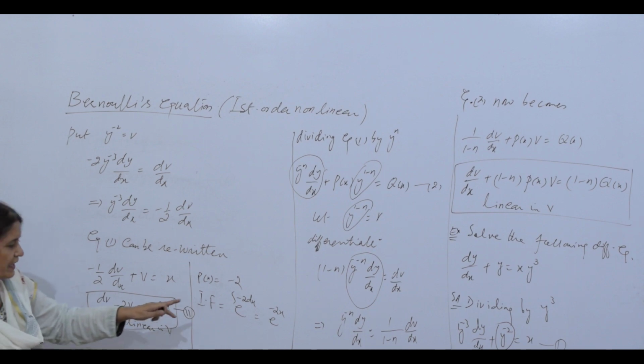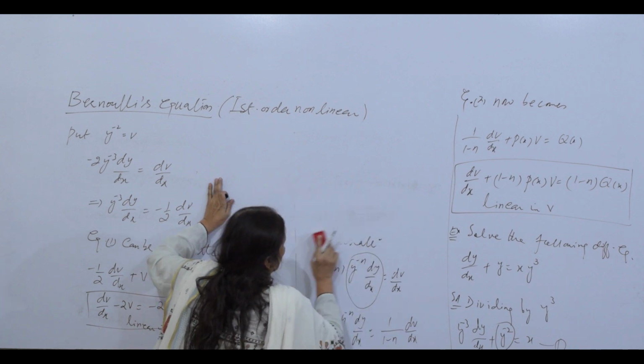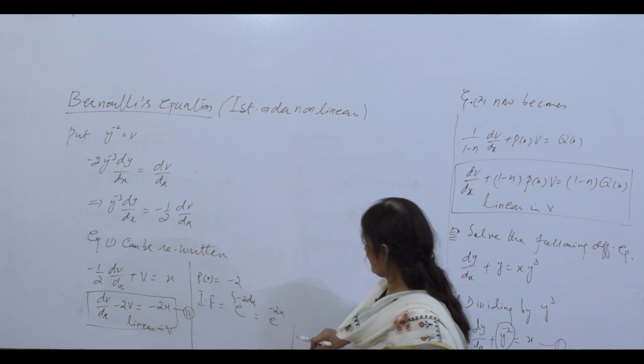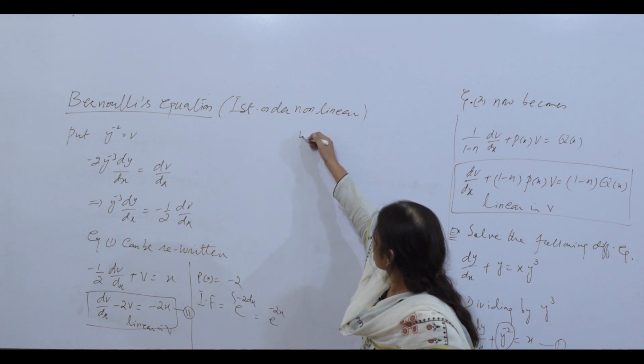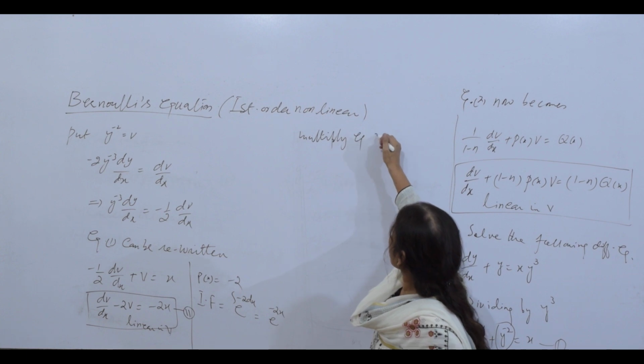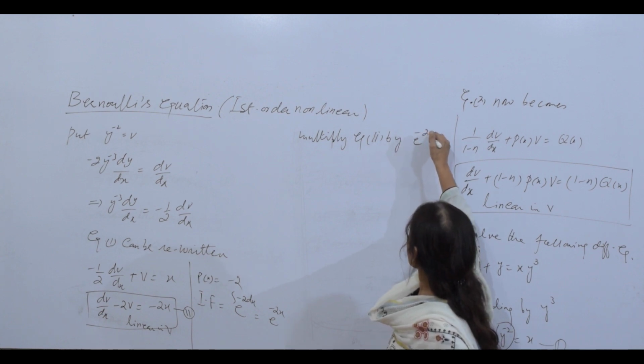Multiply equation 2 by the integrating factor e minus 2x.